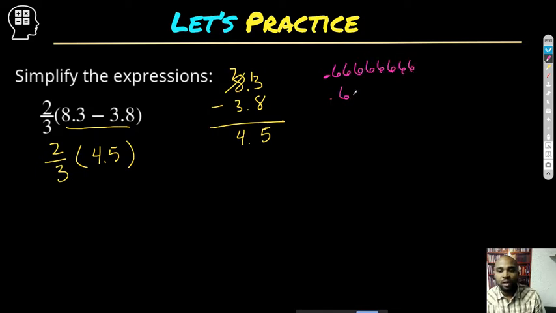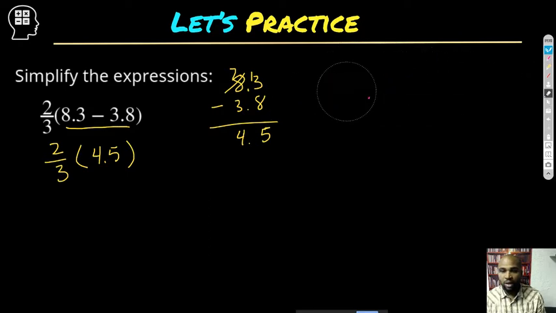You're going to have to cut it off at some point, right? And when you cut that off, it's not going to give you a perfect answer. So you're approximating at this point. And we don't want approximations when we're doing simplifications of this sort. We just want an exact answer. So the best thing is to keep it in fractions, especially as we get into algebra, and get away from the decimals as much as you can.